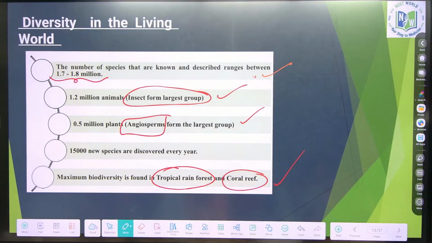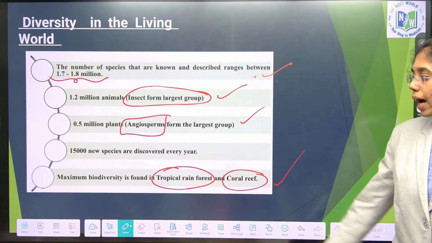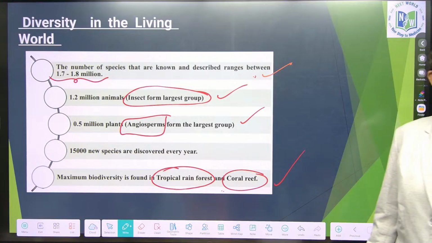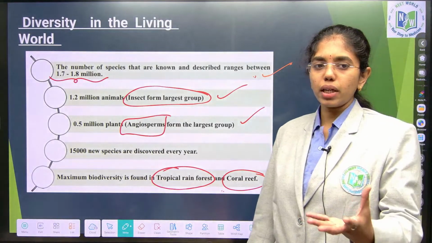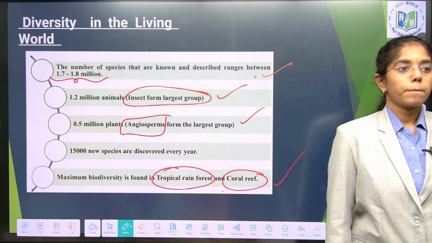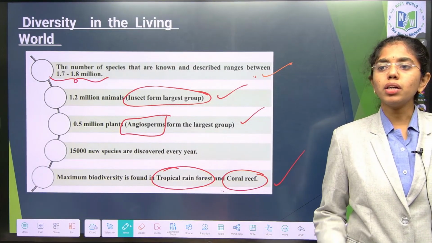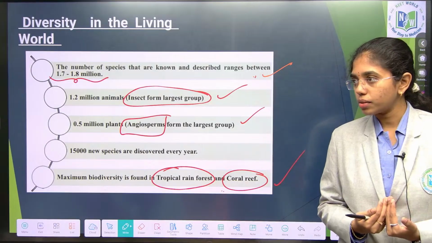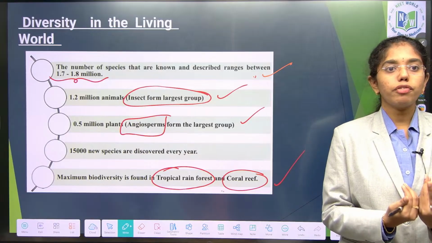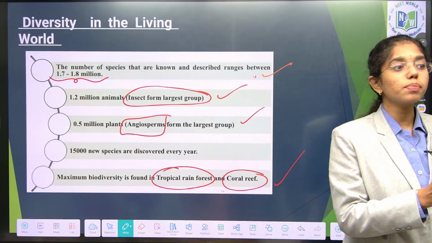Which is the largest group amongst animals, the largest group amongst plants, and where do you find the maximum biodiversity? What is biodiversity? Can anybody tell in simple terms? Diversity means different amounts of organisms. Bio means life. Different forms of life, if you see in a certain place, that is known as biodiversity.